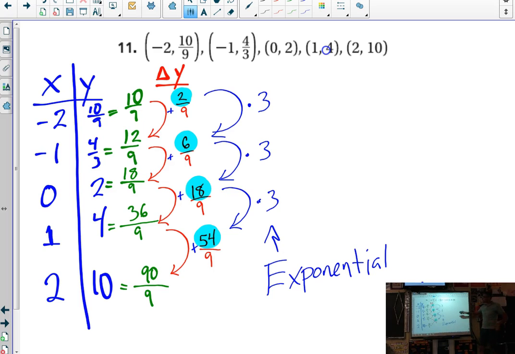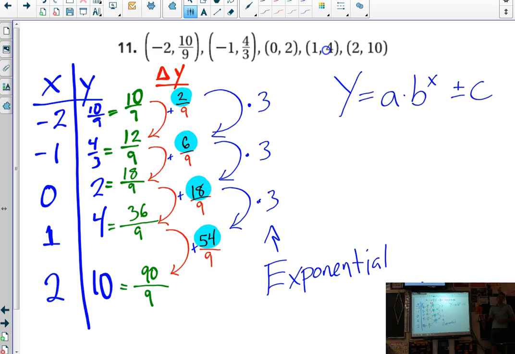And exponentials are all in the form... So if you do not know this yet, you could have a plus or minus c out here. You can always have a plus or minus c, some constant. Where do you think we put that 3 that we just found? That whole times 3 in the change, Jenny? It is not the x. Remember, the x is my input.